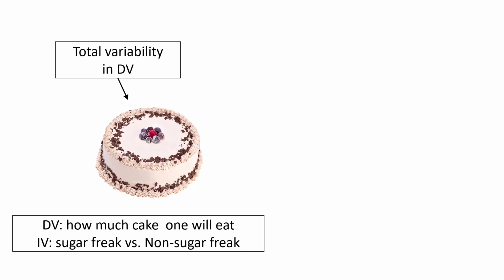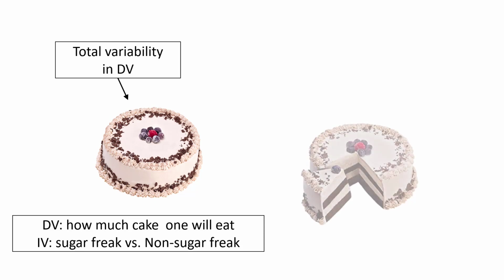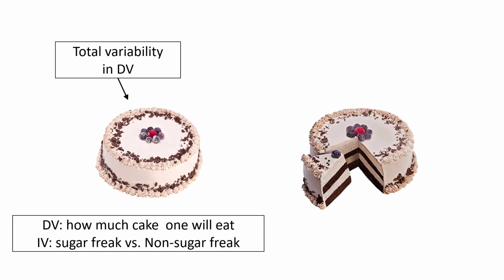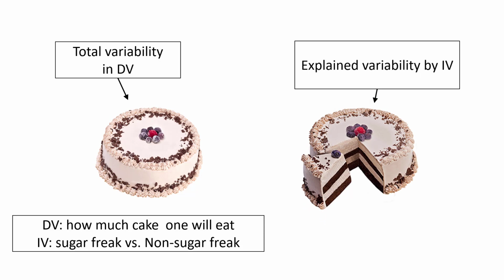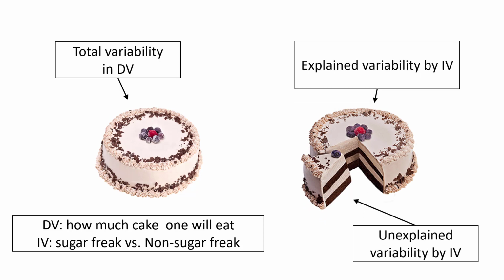The thing is, you guys are so unpredictable that it is impossible for me to build a hypothetical model which will explain 100% of your behavior for every one of you. So, some part of your cake eating behavior will be explained by my hypothetical model, but other parts will not be. That's the explained and unexplained variability in dependent variable.